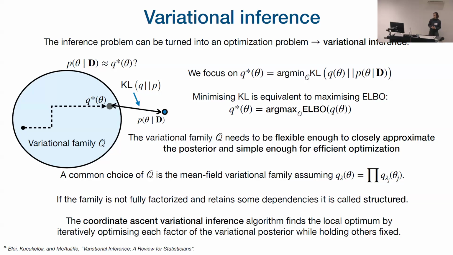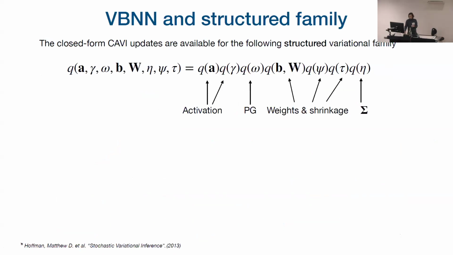What I'm using today is the classical one, one of the first algorithms developed with VI: the coordinate ascent variational inference algorithm. It iteratively optimizes each factor of the variational posterior whilst keeping the others fixed. In this way, it finds a local optimum of the ELBO. In this case, for example, we don't have the reparameterization trick you have seen today because we are just using coordinate ascent. With that, let me define a family for our model.